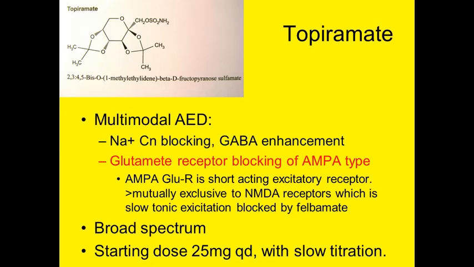Topiramate is a broad spectrum agent, and it can be used for primary generalized seizure treatment and partial complex seizure. You may start from a small dose like 25 milligrams a day with slow titration.